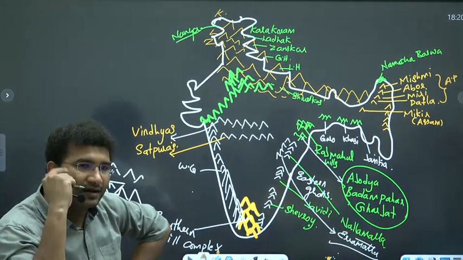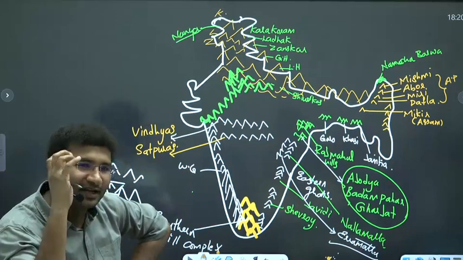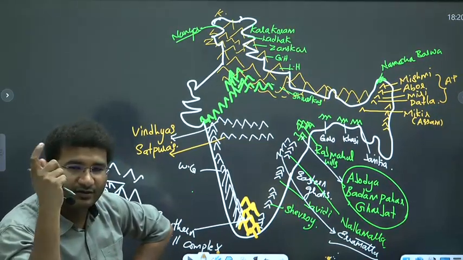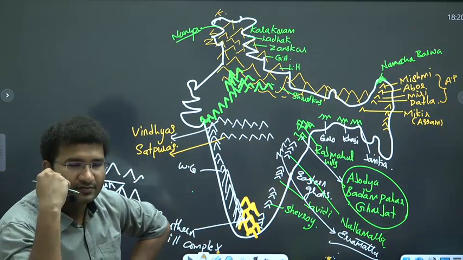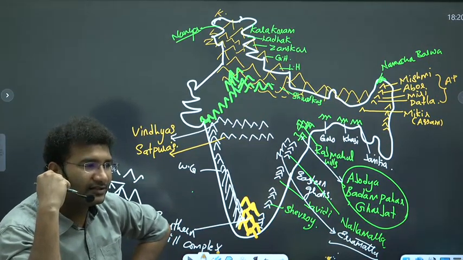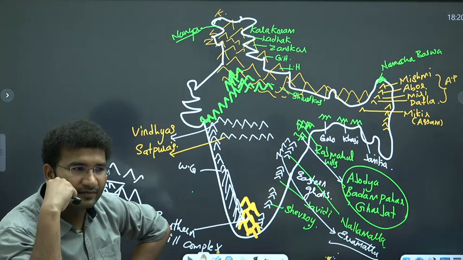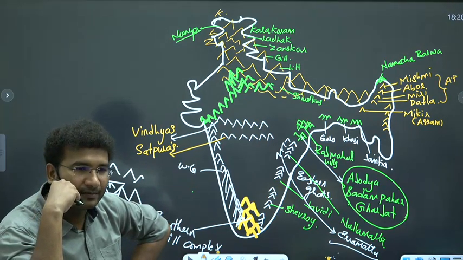Anna means big, malai means hill. That is how you need to remember. The tallest mountains are found in the Nilgiri ranges or Southern Hill Complex. Annamalai.